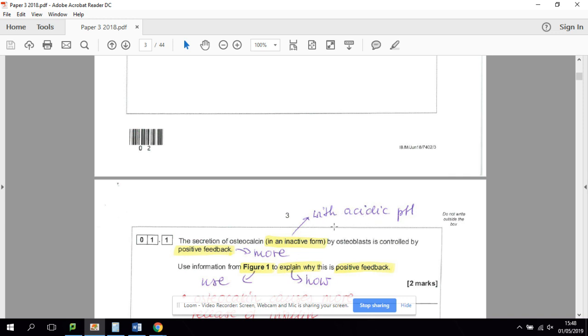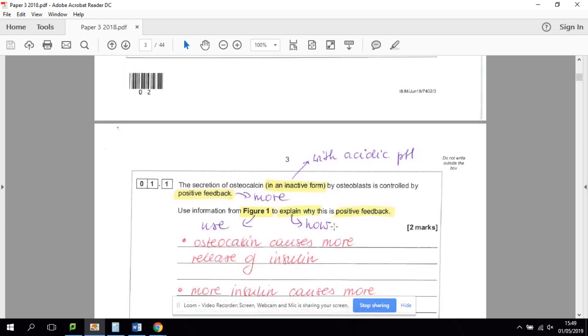So using the information from figure 1 that we just were looking at, we need to explain why this is a positive feedback. So in other words, use the figure 1, use the definition of positive feedback, and say what you can use from this diagram to explain the positive feedback.